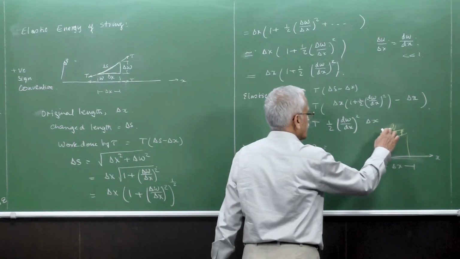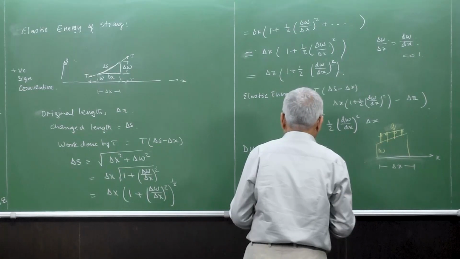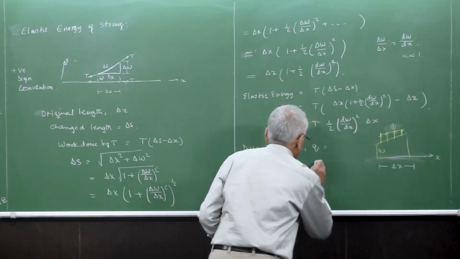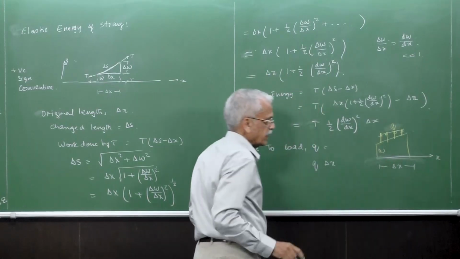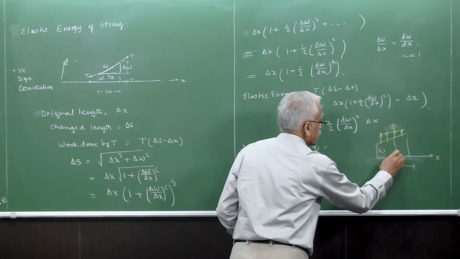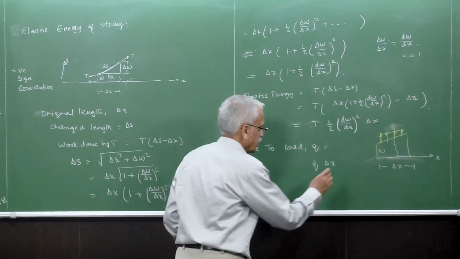The load Q times delta X is the load, and then the whole load has moved through a distance of W here.